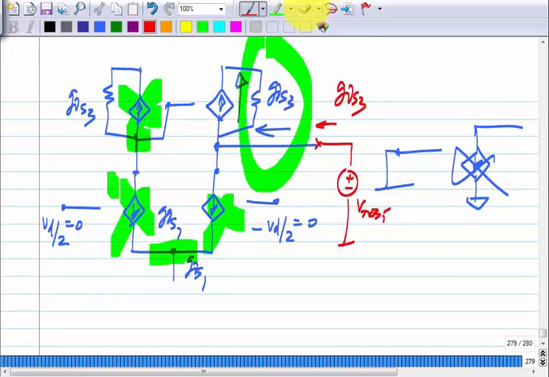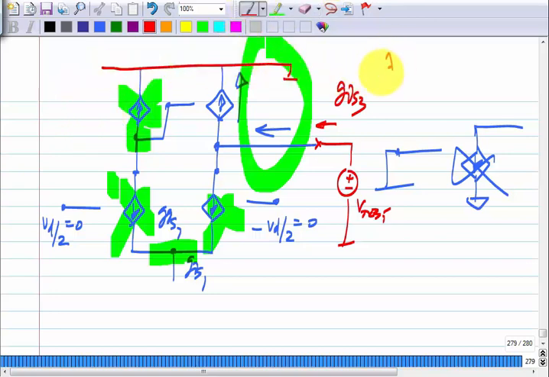Okay. Now, let us consider the other case where lambda n is not 0 and lambda p is 0. Okay. What will happen in this case?